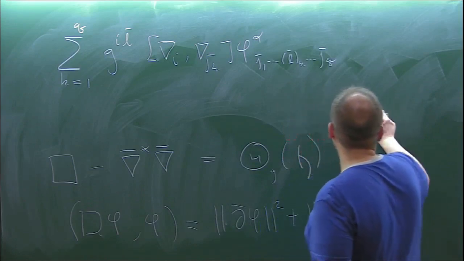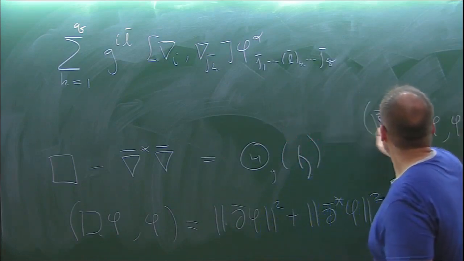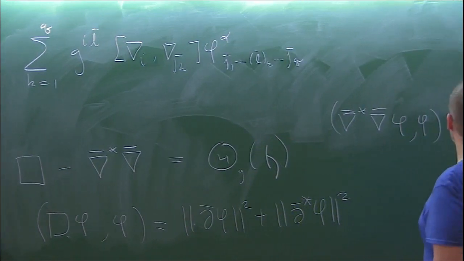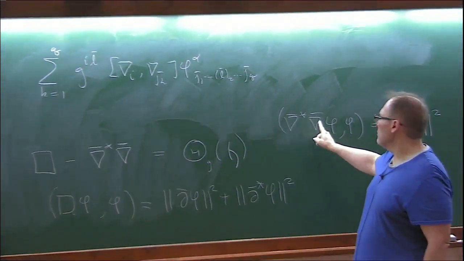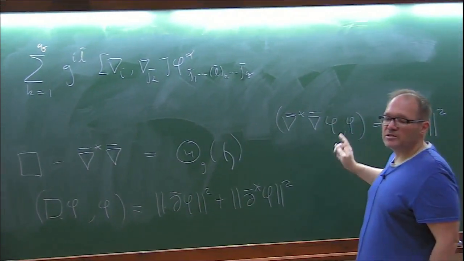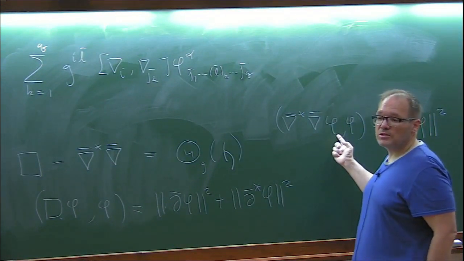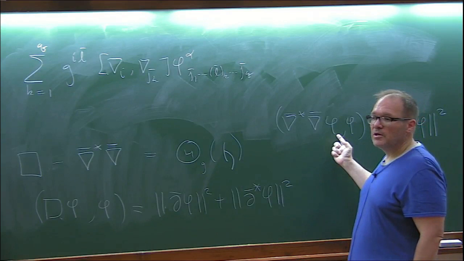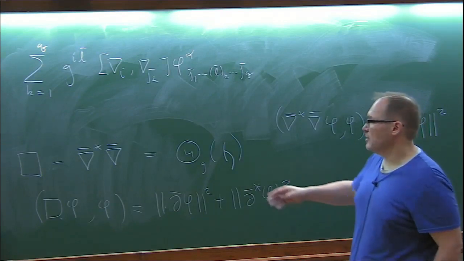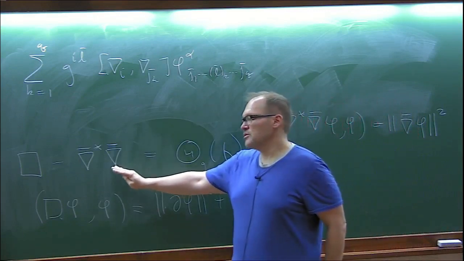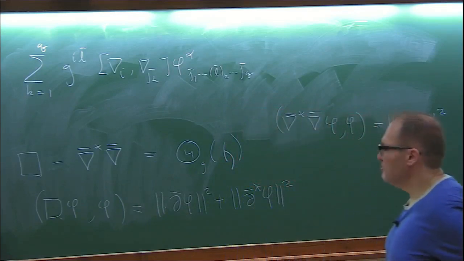And nabla-bar star nabla-bar phi gives the norm of nabla-bar phi squared. By the way, there's no nabla-bar star here because this is a zeroth order section, a (0,0) form, and so the adjoint always acts on the lowest degree by 0. So it's still a Laplace-Beltrami operator, just there's no other term because you're seeing it as a lowest order section.